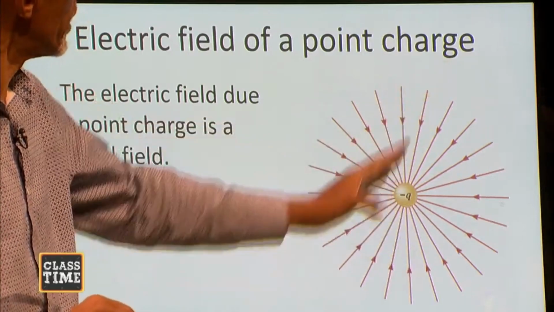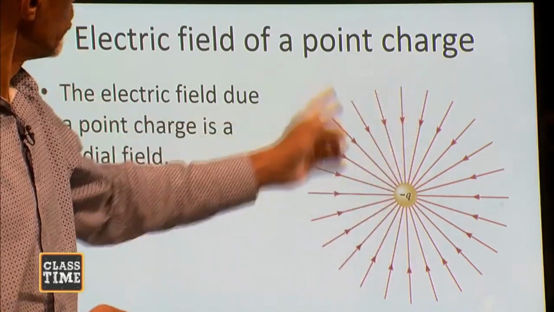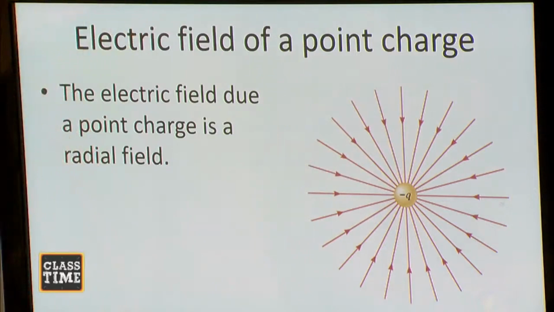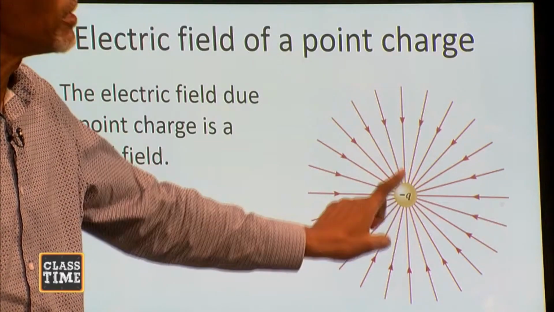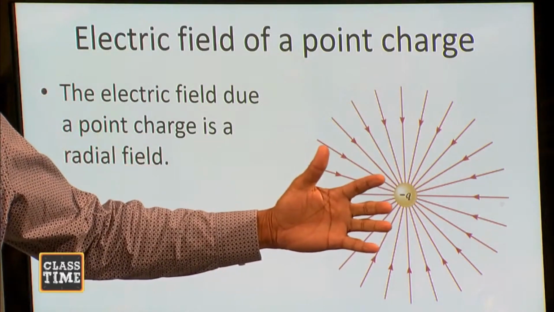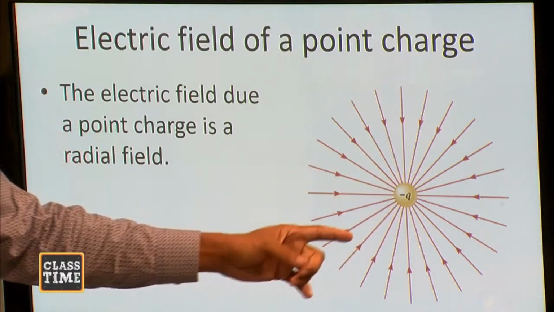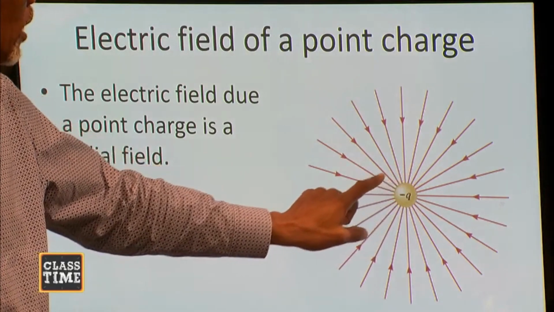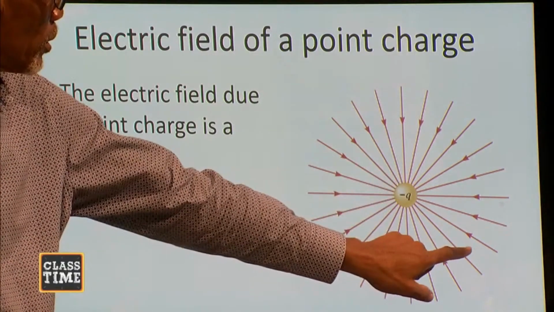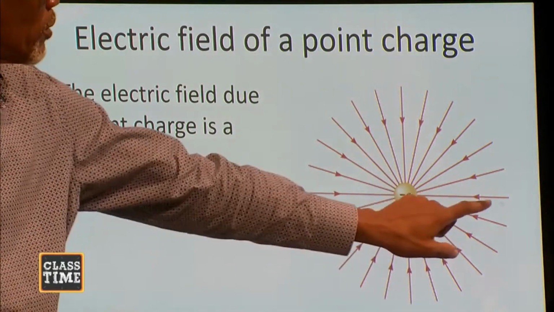This field goes radially inwards. What we also see is that the strength of the field decreases as you move away from the charge. Here, the field lines are closer than here, and so the field is stronger here than here.